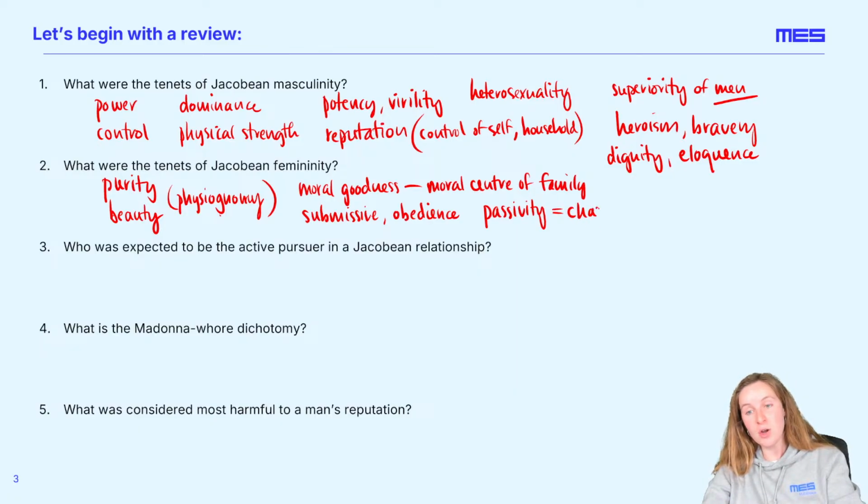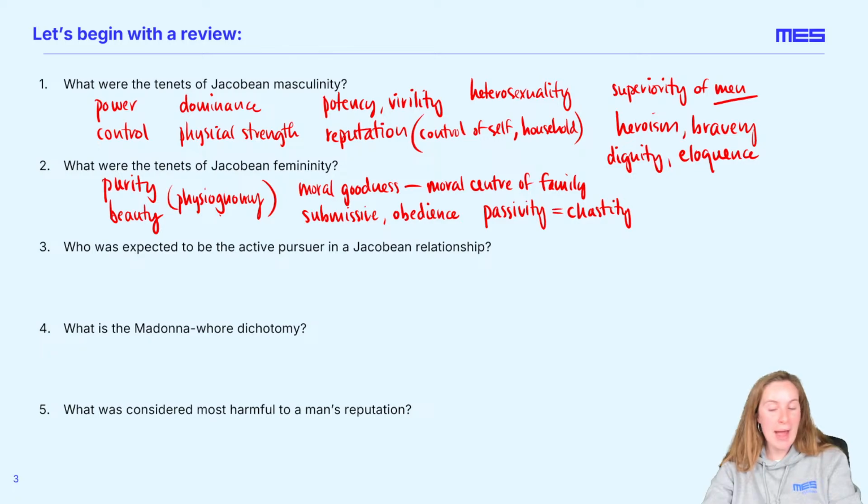This idea that they're not seeking out love or not acting on love or not experiencing passion because that would be lustful. And women are supposed to just be receiving love and desire from men. They're not meant to feel it at all. So if they do, that is an implication that the woman is out of control, that she's had her passions ignited. So passivity then links to this idea of femininity.